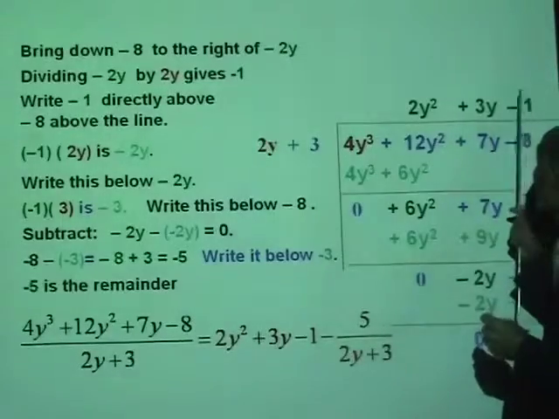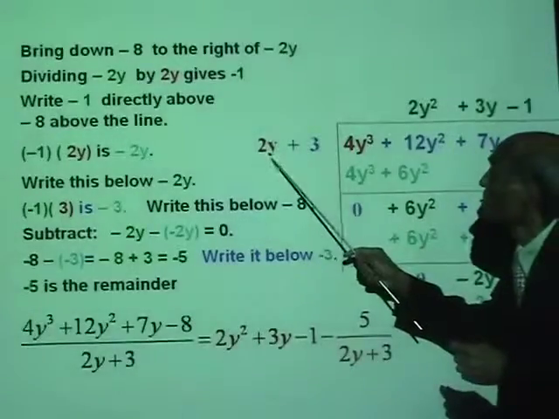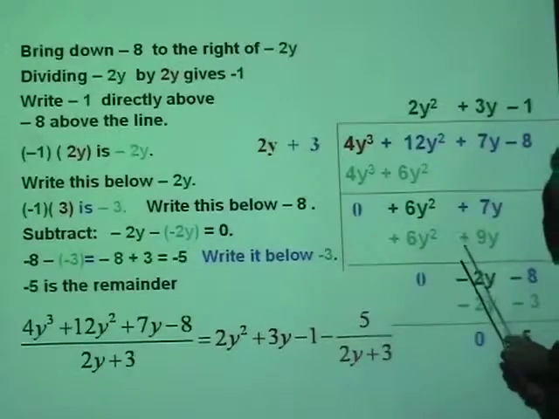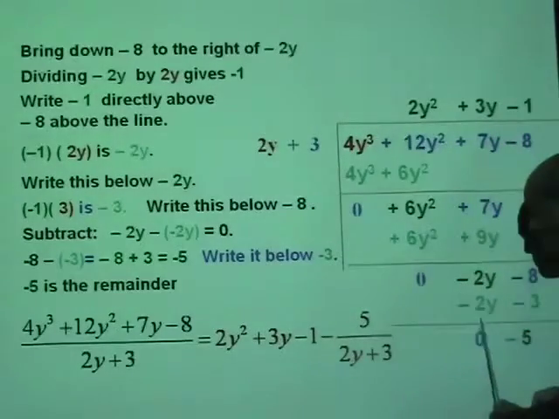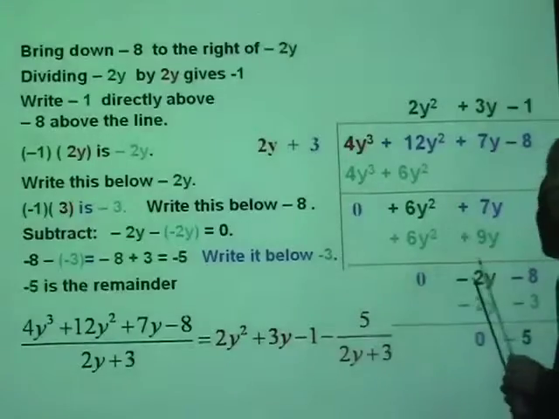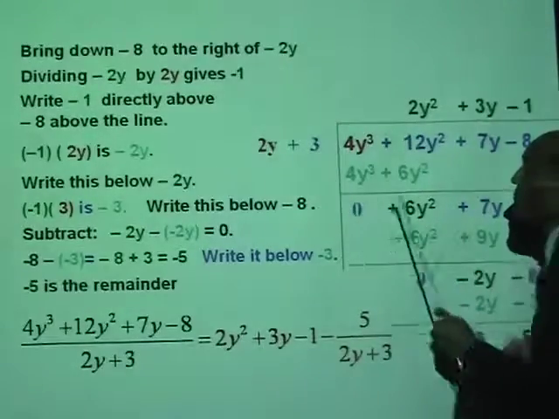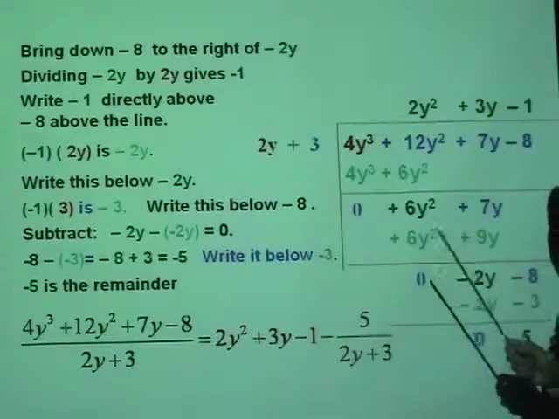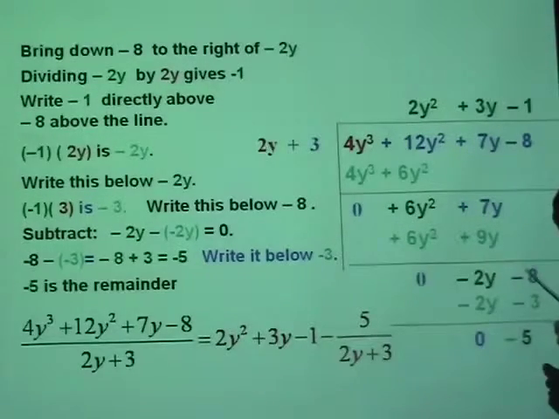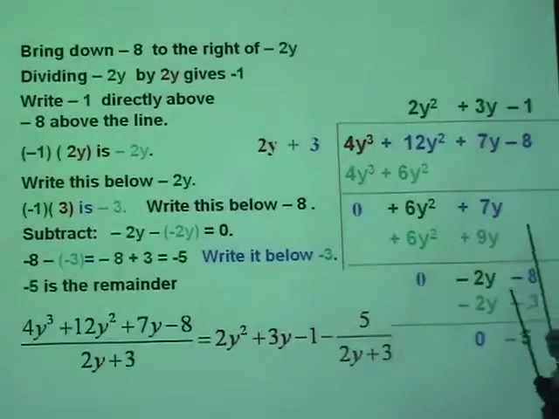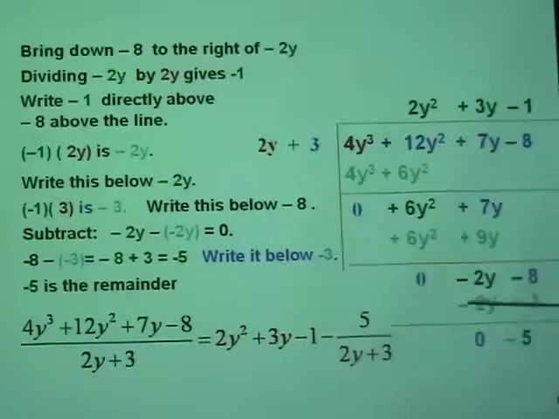Alright? Multiply the negative 1 with 2y. You get negative 2y. Write it below negative 2y. And the negative 1 multiplied by positive 3 is negative 3. Write it below the negative 8. Now again, subtract terms below from terms above.